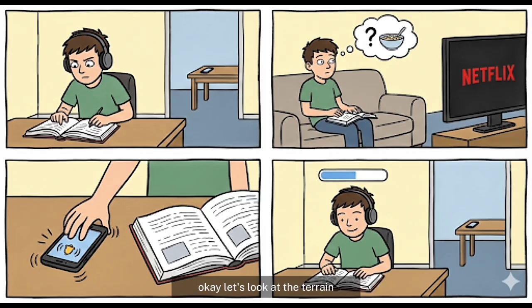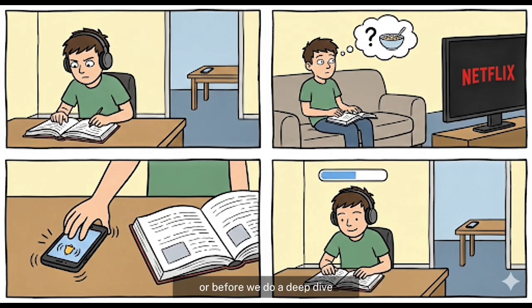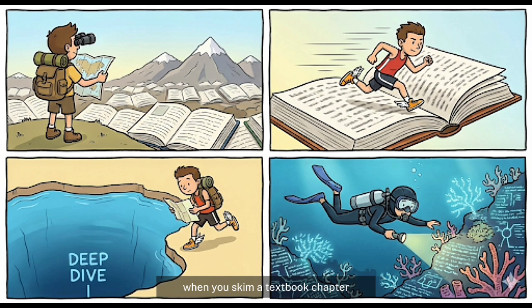Okay, let's look at the terrain. We use sprinter techniques when we need speed or before we do a deep dive. Skimming is not reading faster. Skimming is strategic skipping. Your goal is the gist, the main argument and structure.